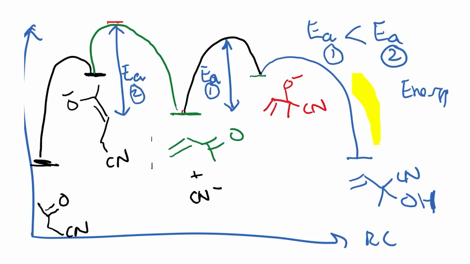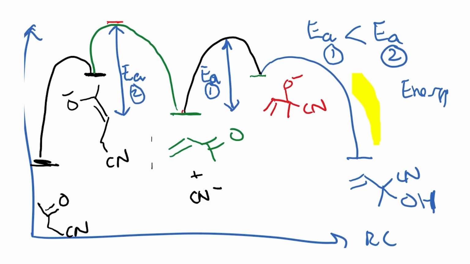So, therefore, the barriers of the forward reaction as well as the reverse reaction are actually accessible at the temperature at which you do the reaction. Even more so, there's a larger fraction of molecules which can cross the barrier. Even more so, at 80 degrees centigrade, this reaction is going to be happening at a substantial rate.